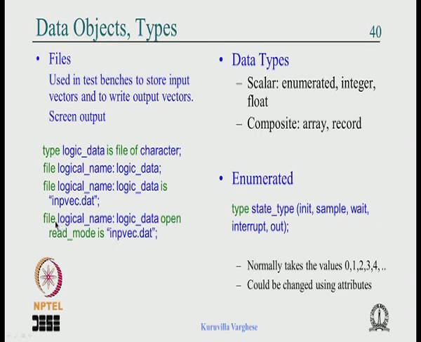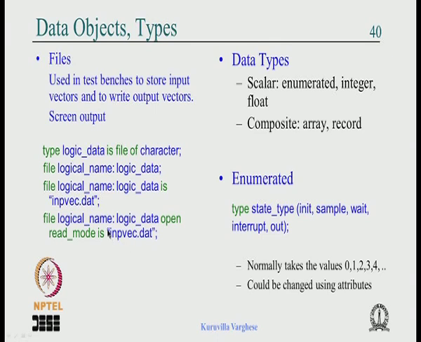Or you can even say file, this file handler, the logic data is this data type, open read mode is physical file name. That means you open this file in read mode only for reading. And what is the physical file name? When you just write the file name in quotes, it means it comes from the current working directory.